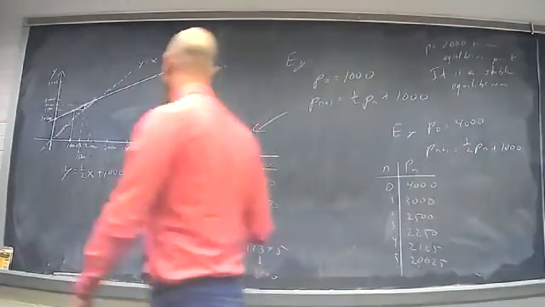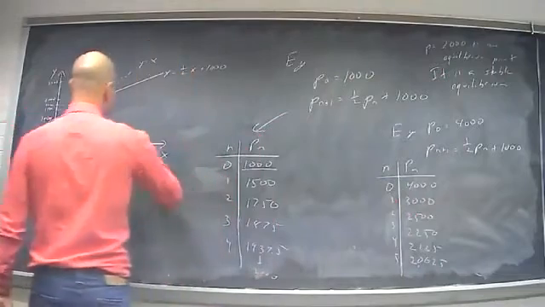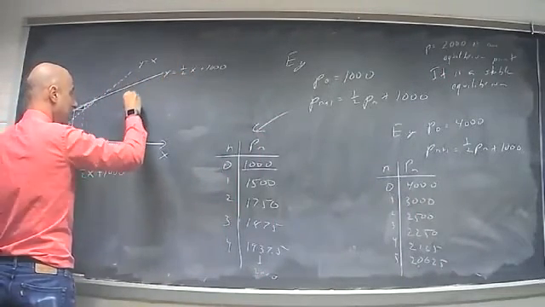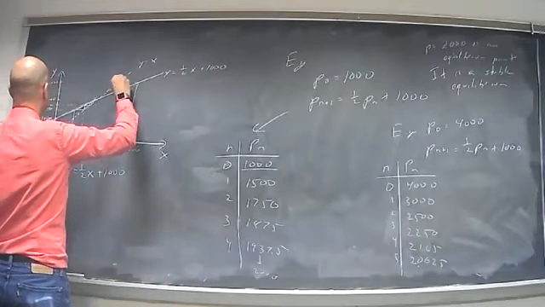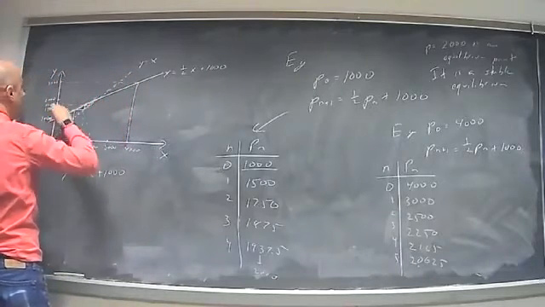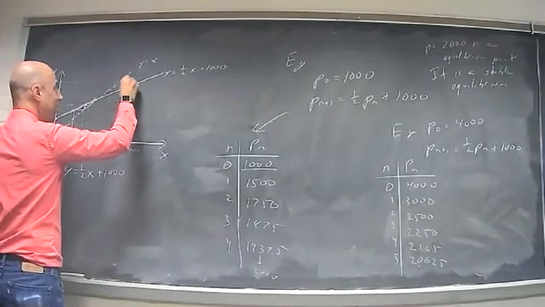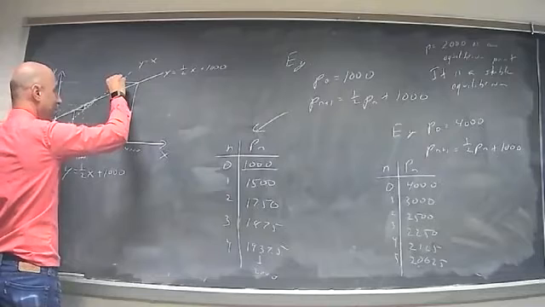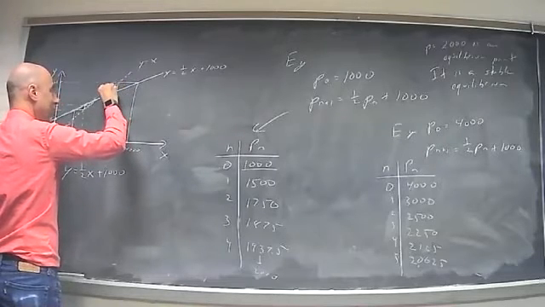If I start off at 4,000 and I go up to the line 1/2 x plus 1,000, I'm at height 3,000 suddenly, even though it doesn't really look like it on my picture. I'm at height 3,000. I go over to the line y equals x. Now I'm at x value 3,000. I go to the line, go to the line y equals x, go to the line.